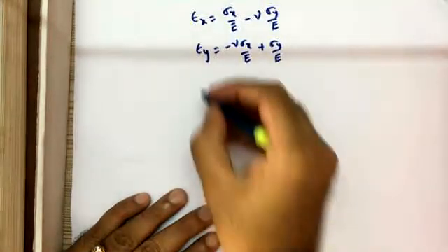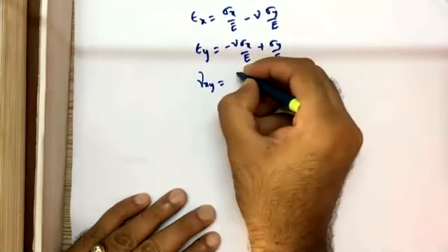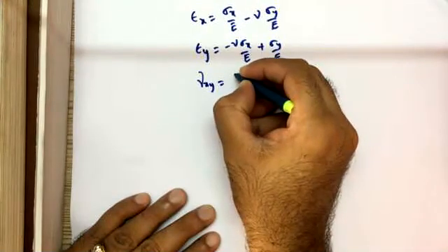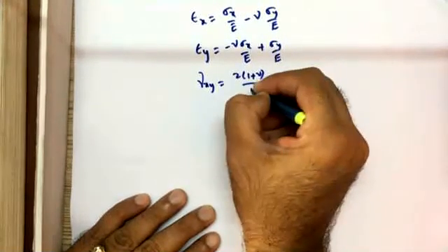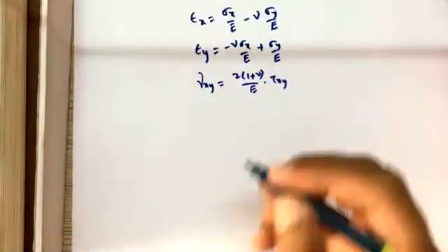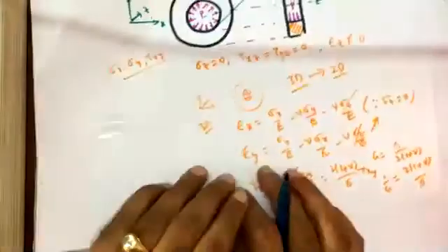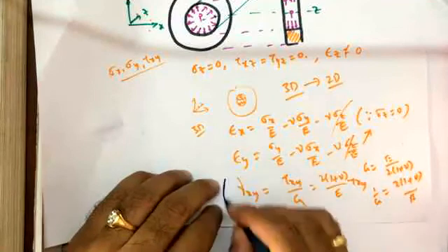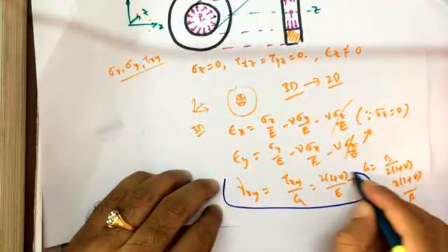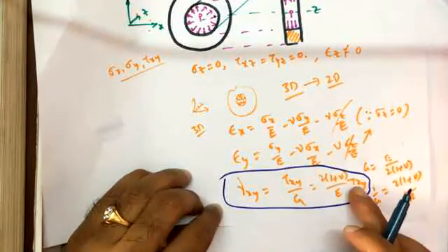Now, what is gamma xy? Gamma xy is 2 into 1 plus nu by E into tau xy.